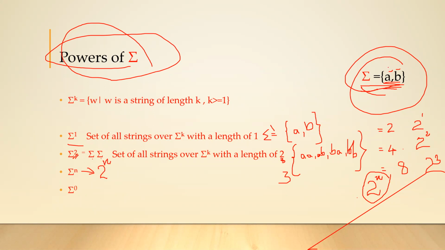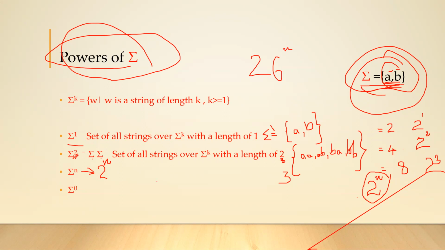Now you're getting 2 raised to n because you have only 2 letters over here, isn't it? Now imagine you can have n number of letters. You can have A, B, C, D, E, F, G. Imagine 26 letters. You can say 26 raised to n.